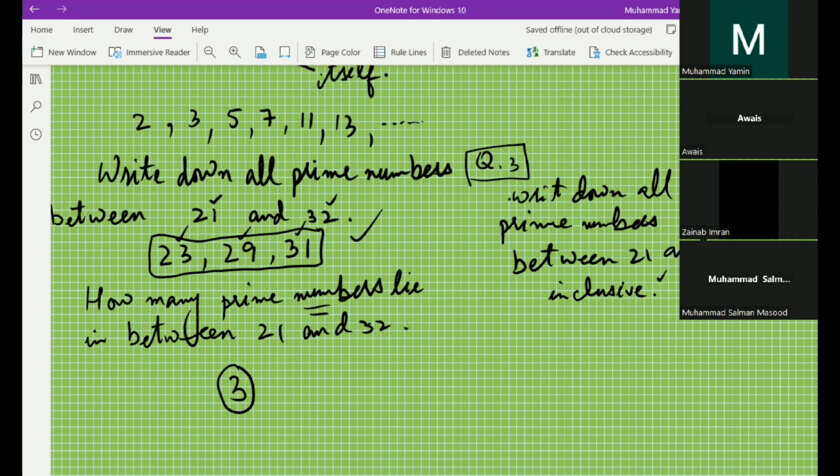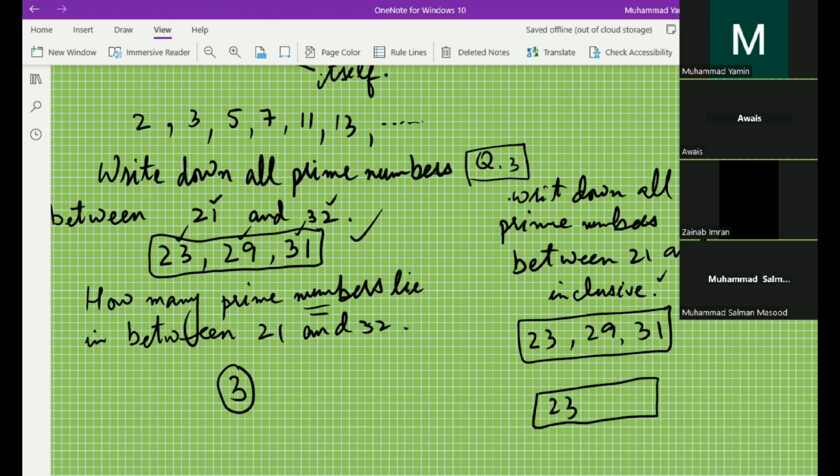So now here we will have 23, 29, and 31. But suppose if this word inclusive had not been there, then the answer would have been 23 and 29.